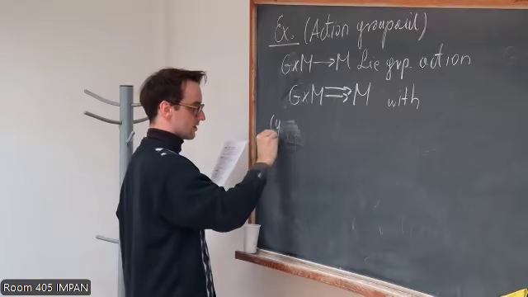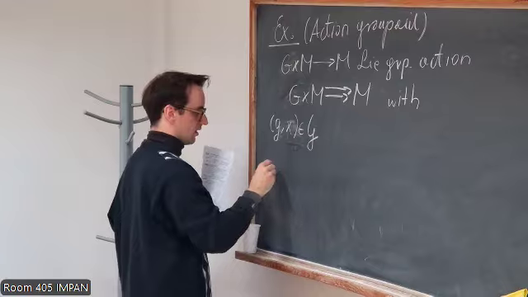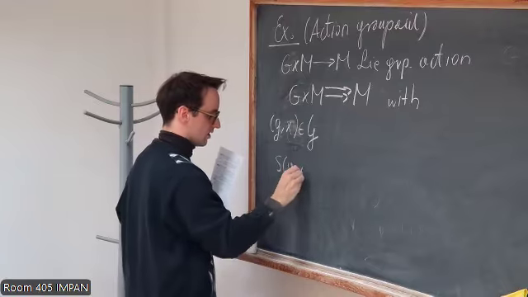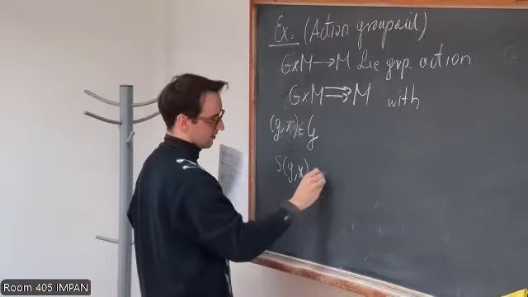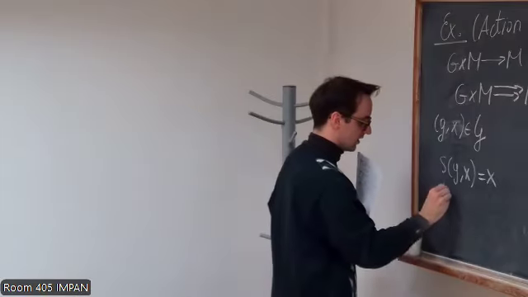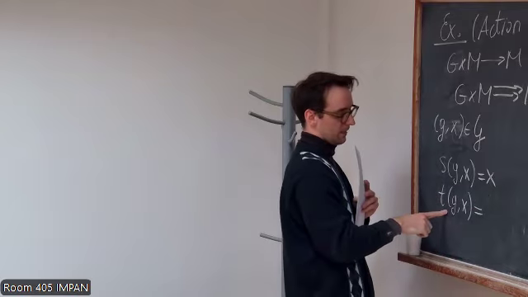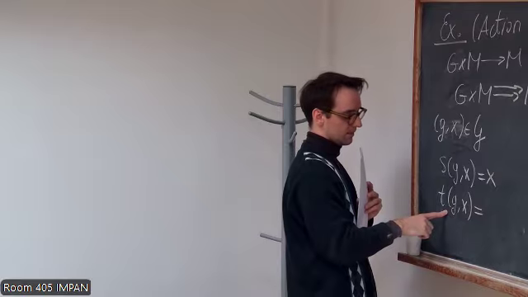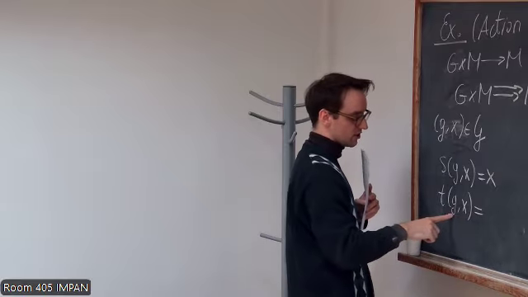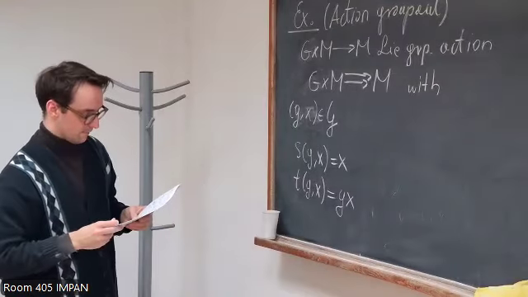The arrows are the pairs (g, x), and the source of (g, x) is just the point x, the projection, and the target of (g, x) gives the action of g on x, gx.